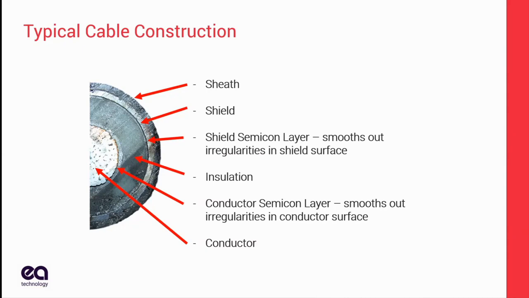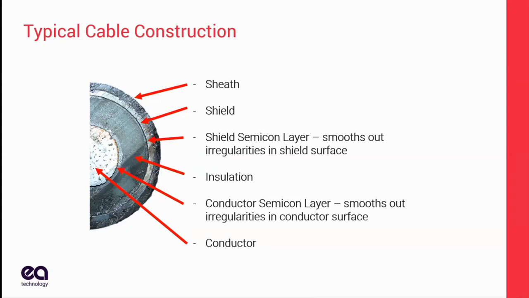If you look at typical cable construction, you've got several layers. They're all kind of the same. What you have is the conductor, and on top of that is a semiconducting layer. That semiconducting layer is there to smooth out the field. Your conductor is stranded, so it has bumps on it from the wires, and those strands would cause an unequal field. So we have a semicon layer to smooth that out.